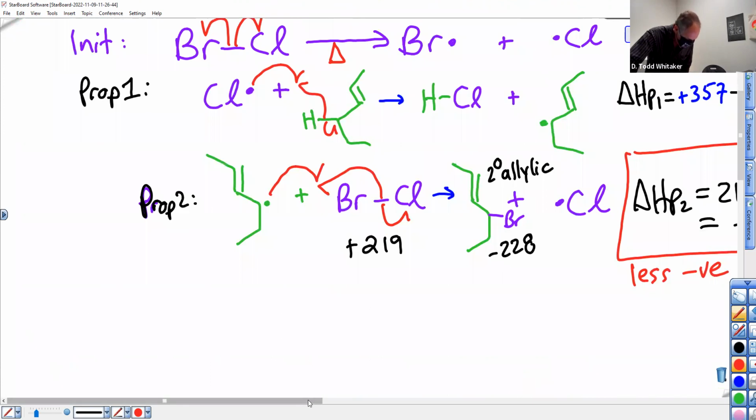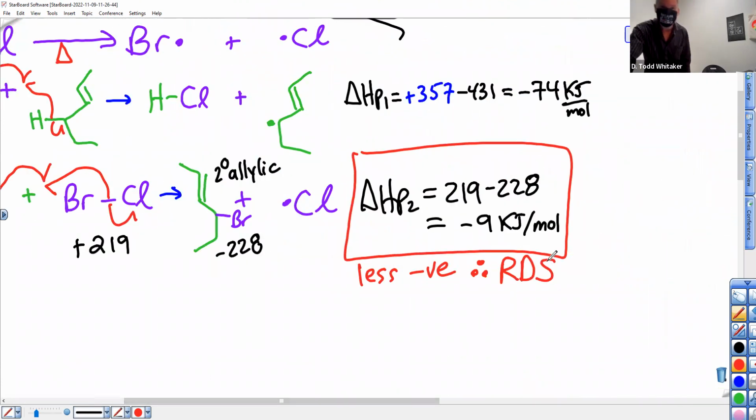Okay. Less negative. This is a fact every time. That is the fact every time. Please don't memorize 4 scenarios. What happens if they're both endothermic? What happens if one is endothermic and then one is exothermic? What happens if they're both exothermic? Why are you inventing stories? Less negative is the rate determining step. Because the more negative it is, the faster it is. It's in your notes.